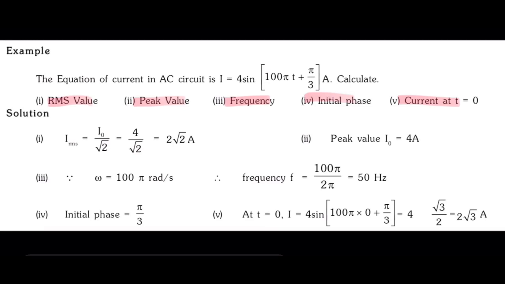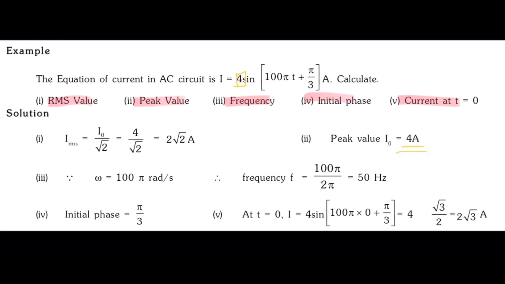The general equation of current is I equal to I0 sine omega t plus or minus phi. With respect to that, here they have given I0 value as 4. I0 value means peak value. So directly we are getting the second answer, peak value as 4 ampere. That's what is marked over here.